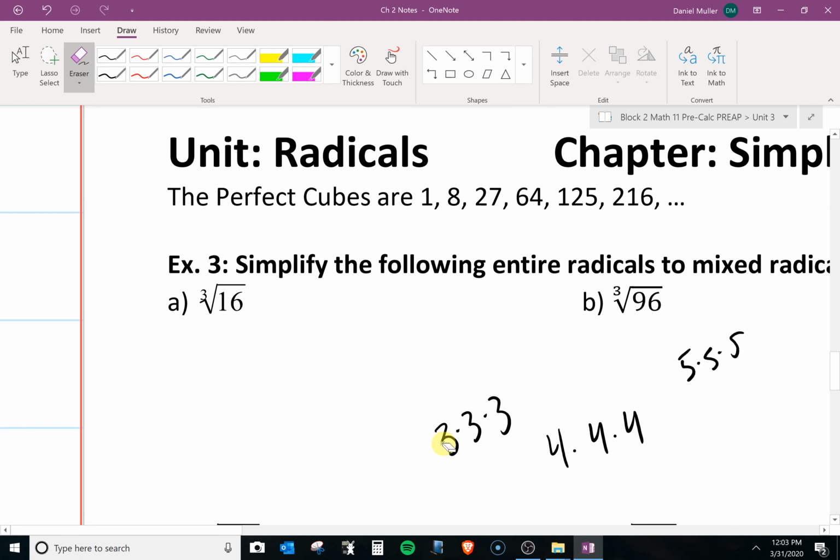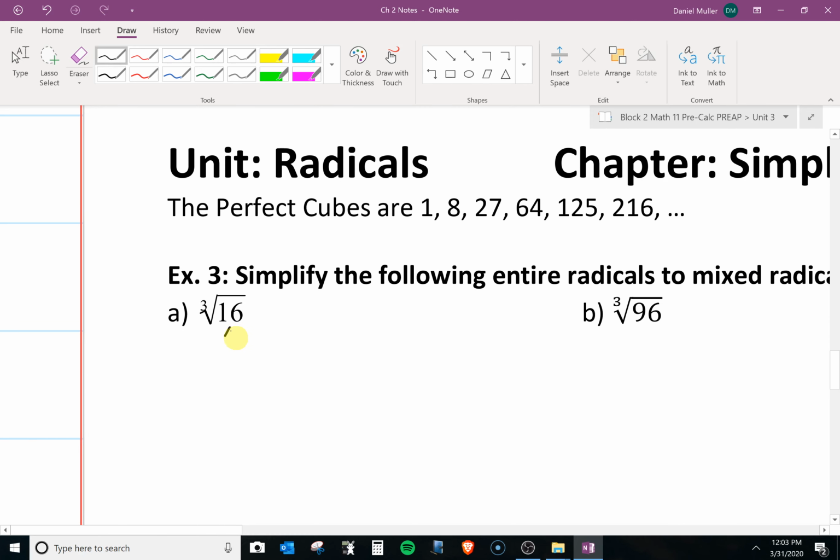So we're dealing with perfect cubes. We're trying to simplify this. It is an entire radical, and we're going to turn it into a mixed radical, which we call simplifying. So when we break down the 16, it is going to be 8 and 2, or 4 and 4. 4 and 4 can break down to 2 and 2, and 2 and 2.